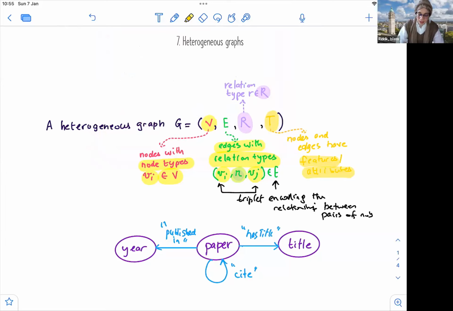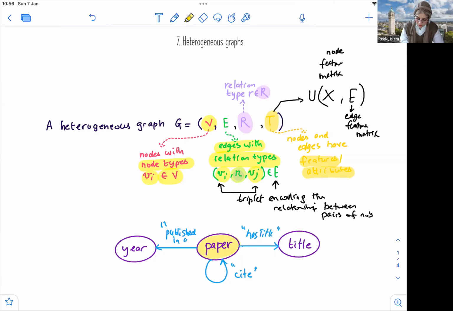You can think about it as a combination of our X, the feature matrix, and the edge matrix. So node feature matrix, and this is edge feature matrix. Okay, so this is an example of a heterogeneous graph.